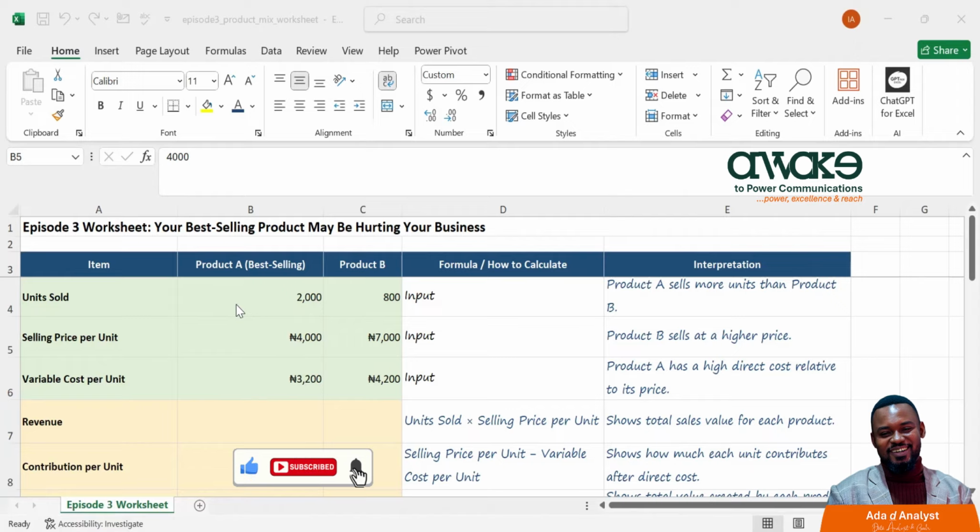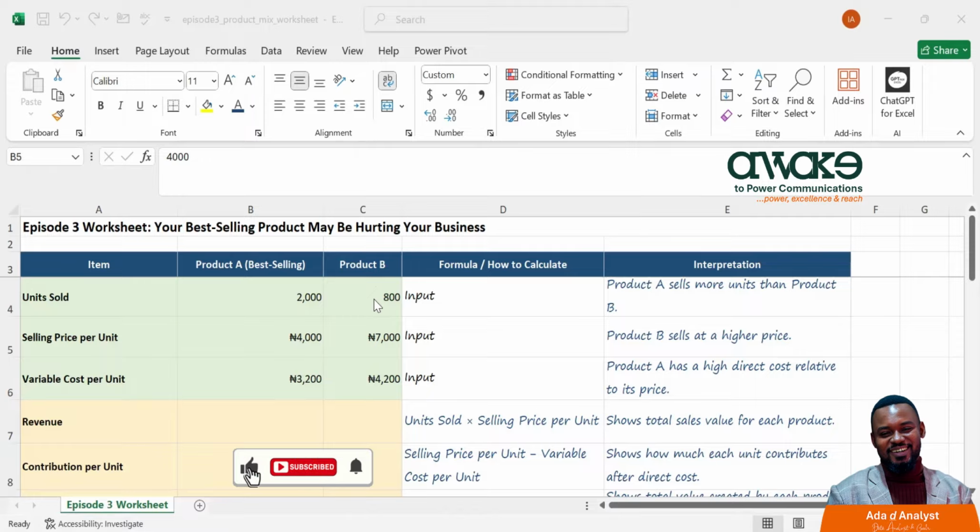So before we go ahead, we want to look at the data before us very well. We have two products. Product A, which is indeed the best-selling product here from the units sold so far. The company Johnson and Sons has sold 2,000 units so far, and the second product, B, 800 units so far.